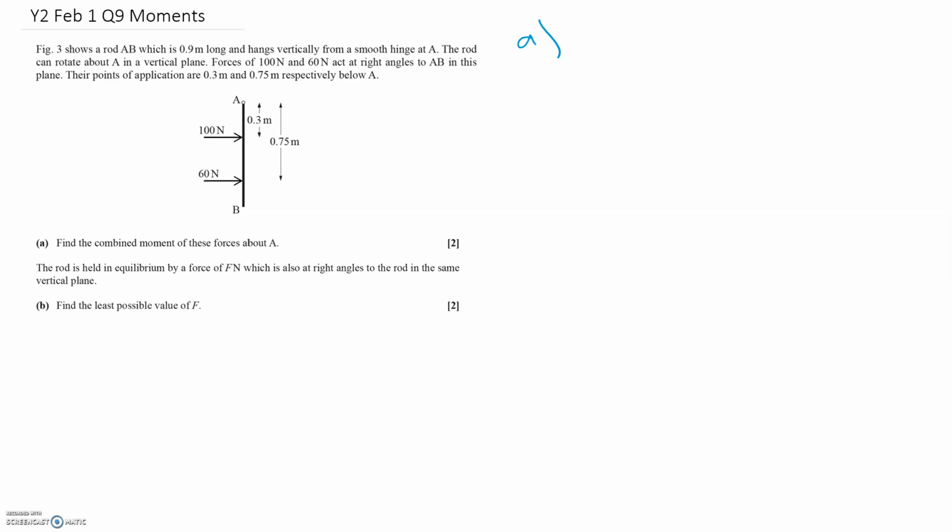So in this question, all we care about is the anti-clockwise moments about the point A, which is a hinge.